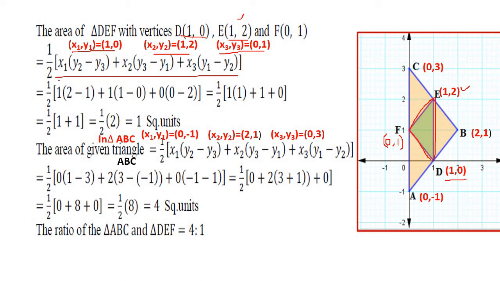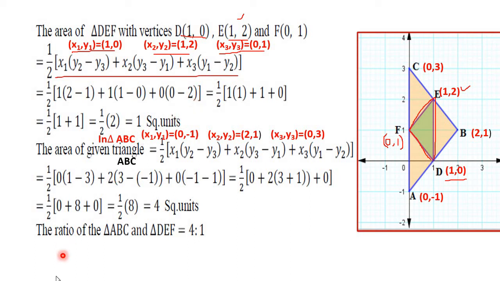Now let us substitute the values. x1 is 1, y2 is 2 minus y3 is 1, plus x2 is 1, y3 is 1 minus y1 is 0, plus x3 is 0, y1 is 0 minus y2 is 2, close the bracket.